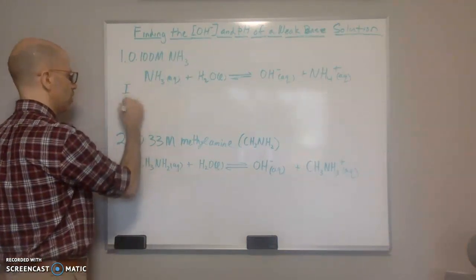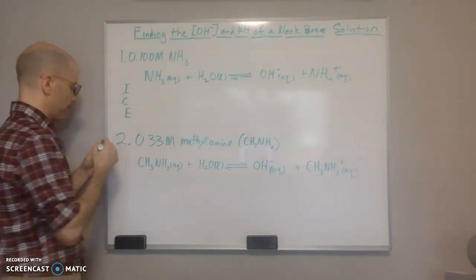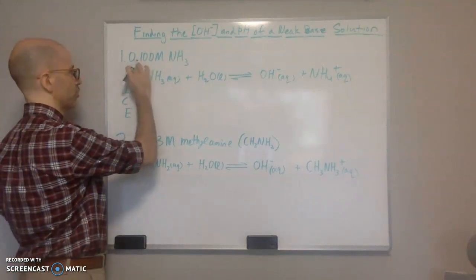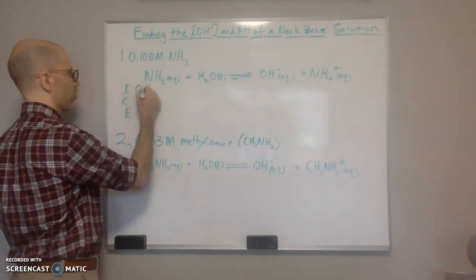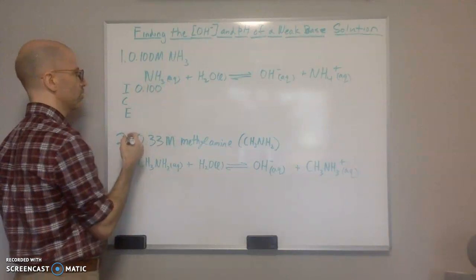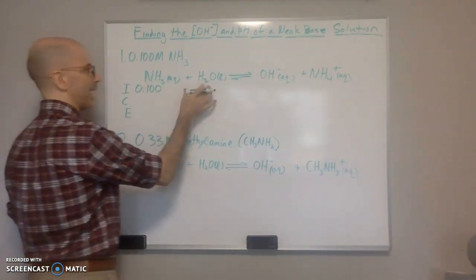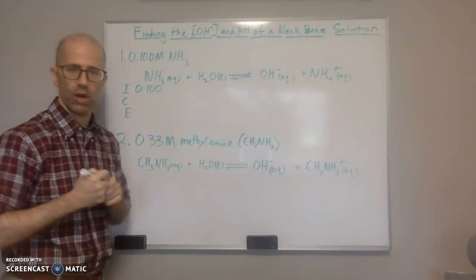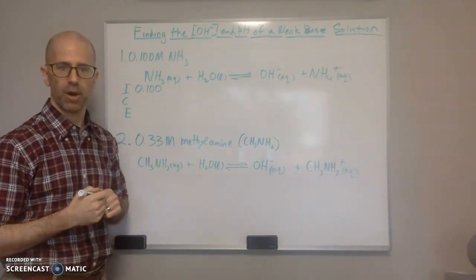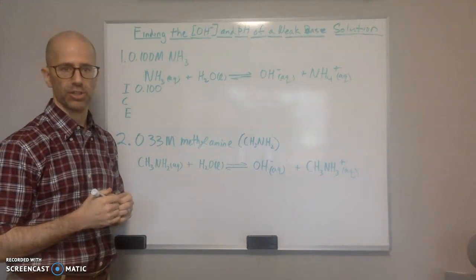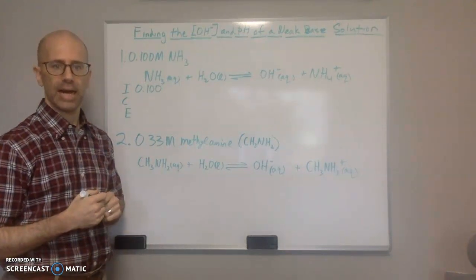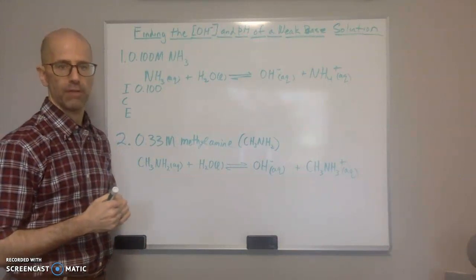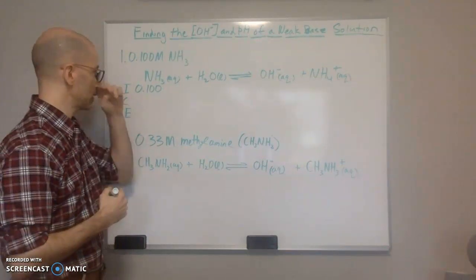So we're going to do an ICE chart again. We're going to do the initial concentration. The initial concentration of your ammonia is 0.100 molar. And we're going to leave water out of it because water doesn't play a part in the equilibrium constant expression, or Kb expression, for your base here.